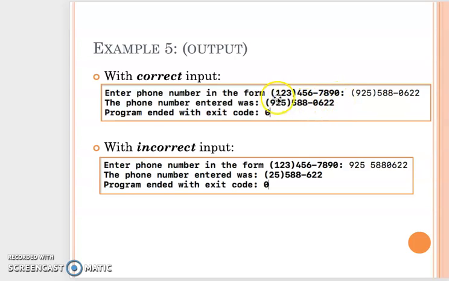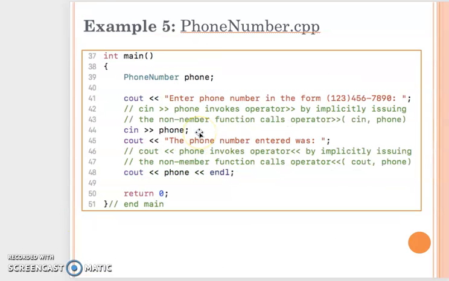So when we read from the user input, those parentheses and the dash are just our delimiters. We need to extract from the user input the 3 parts: area code, exchange, and the line.